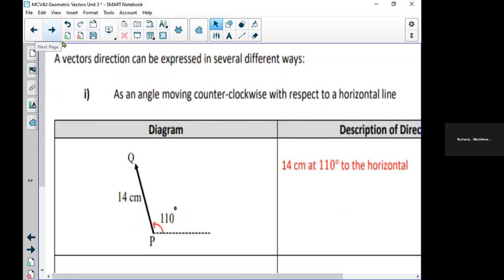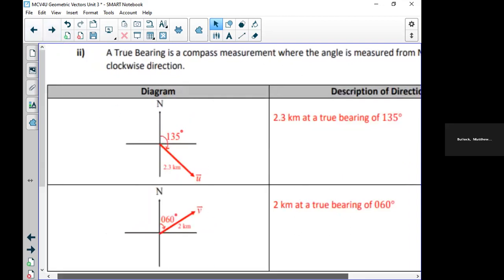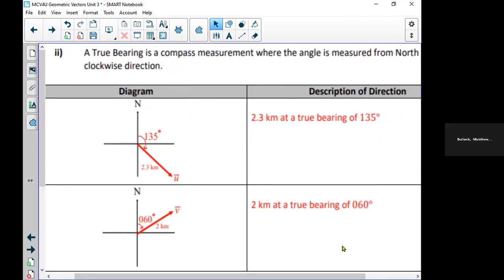But for true bearing, which I believe is the next slide, that's when we are starting from the north and we're measuring the angle in a clockwise direction. That's called a true bearing. Over here, I'm starting from the north and moving in a clockwise direction, focused at this angle, 135 degrees.